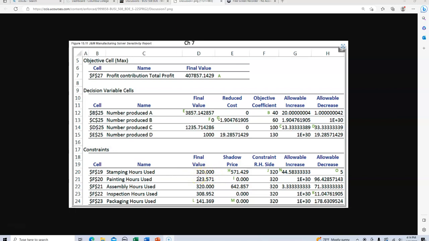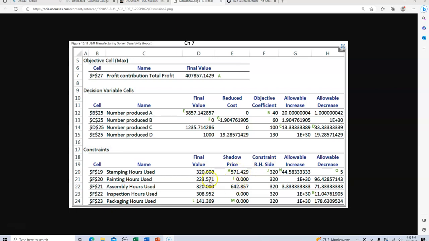The first thing we talk about is this idea of shadow price. The bottom line for shadow price is this: if I have more of this resource, how valuable is it to me? First of all, notice that the value here is greater than 0. That's because this constraint is said to be binding, meaning that the final value is equal to the right-hand side, meaning you used all of the resource, so there is value in having more.